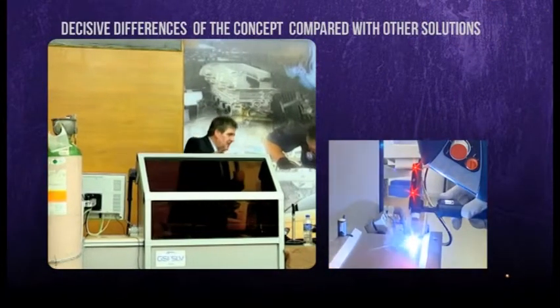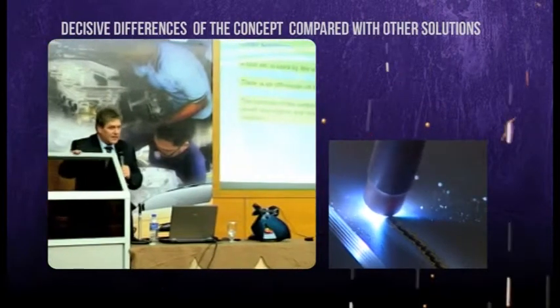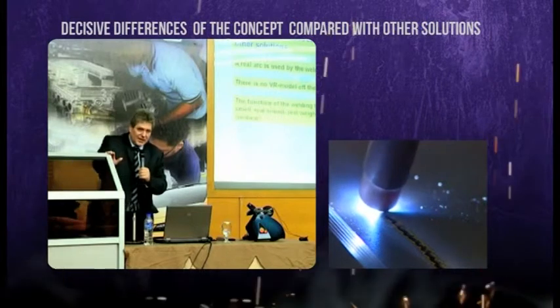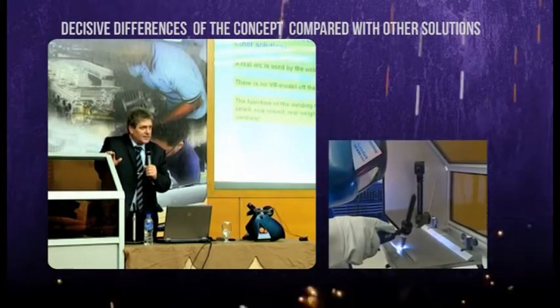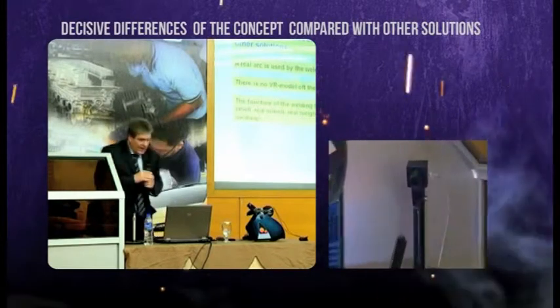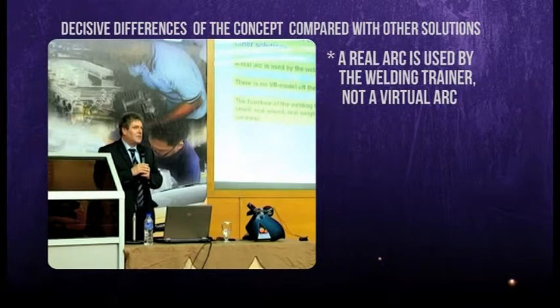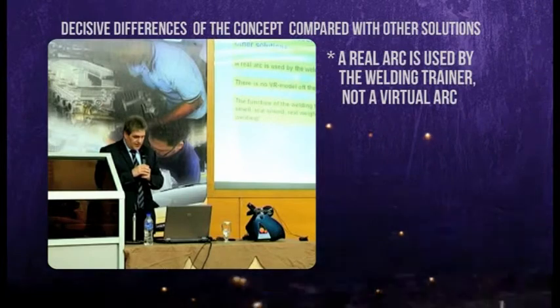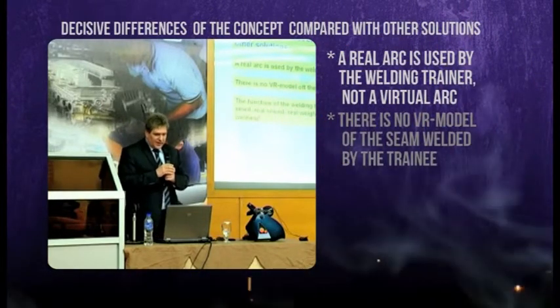So this is not a substitute for the welding booth, never. It's additional for the beginning of the welding training. But it's a good additional, I think. A real arc is used by the welding trainer, not a virtual arc. You know, the other systems are pure virtual welding, virtual reality systems. There is no VR model of the seam welding by the trainee.